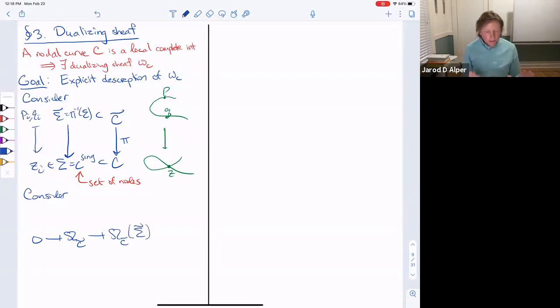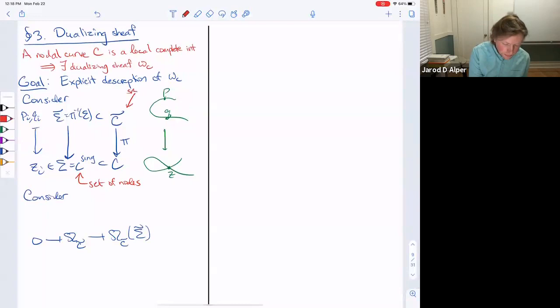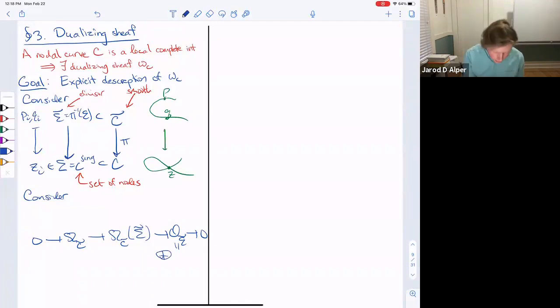Remember, C tilde is a smooth curve, and sigma tilde is just a divisor. The quotient is the structure sheaf of sigma tilde, which we can write as the direct sum over all points y in sigma tilde of the residue field of y.